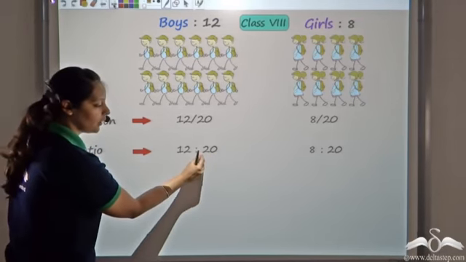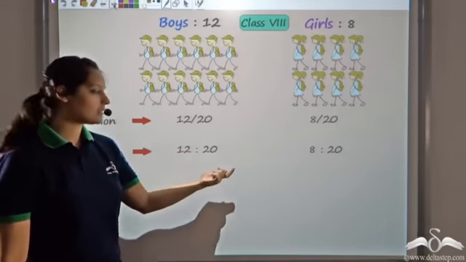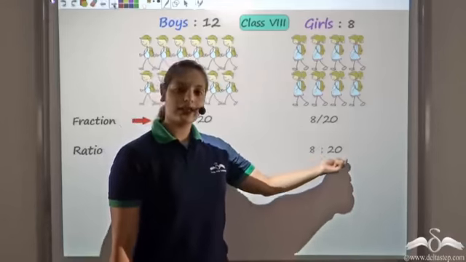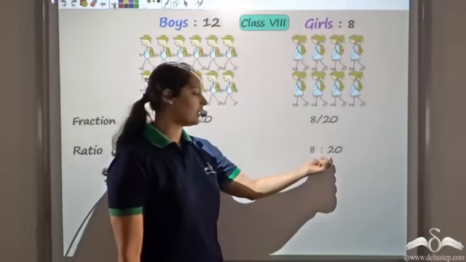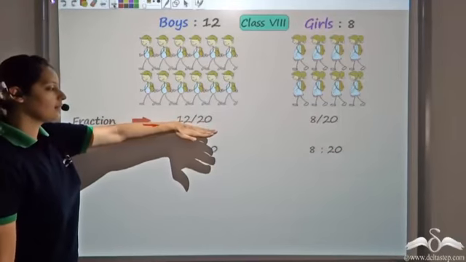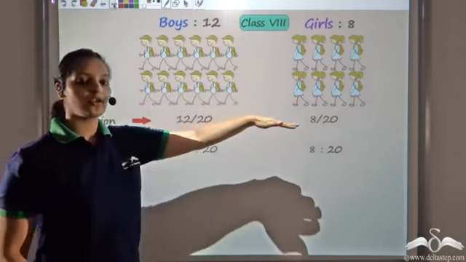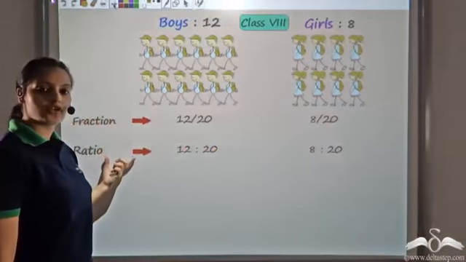So 12:20 means 12 boys in 20 students. Here we have 8:20, that is 8 girls in every 20 students. So this is what I have got, comparing the strength of the boys and the strength of the girls in both fractions and ratios.